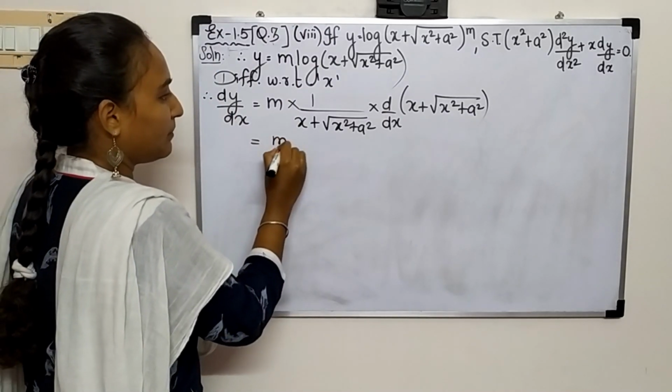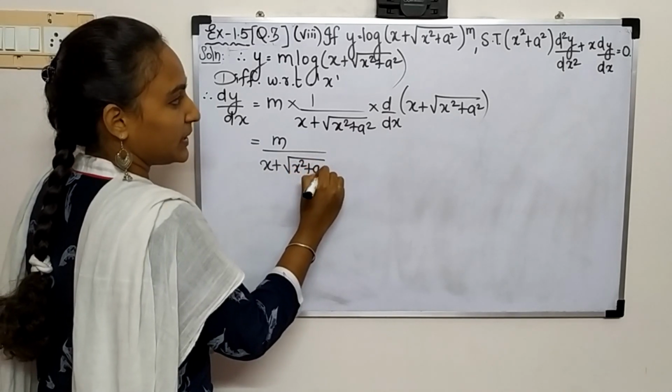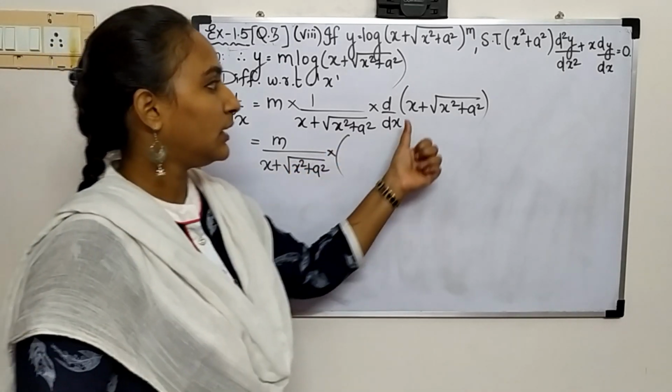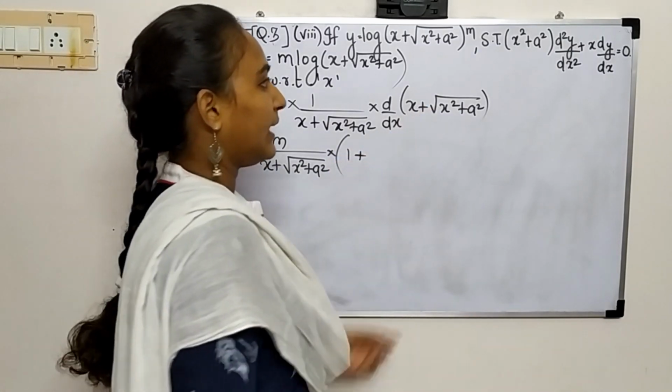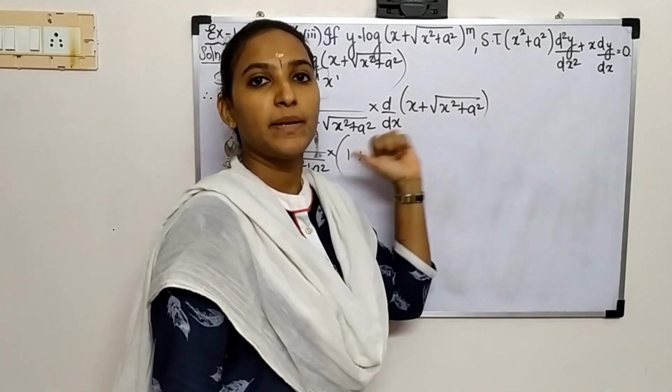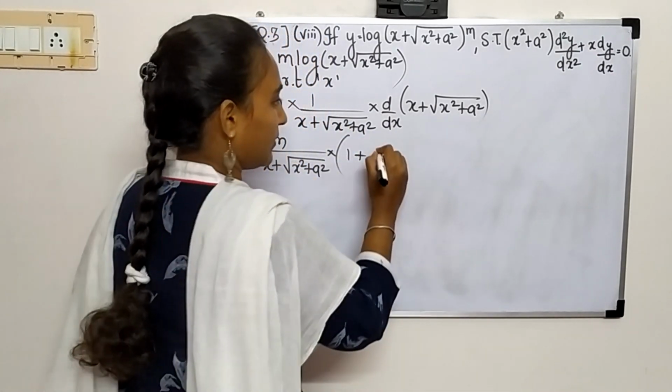That is equal to m upon x plus root x square plus a square into the derivative of x, which is 1, and the derivative of root of x square plus a square will be 1 by 2 root x square plus a square.